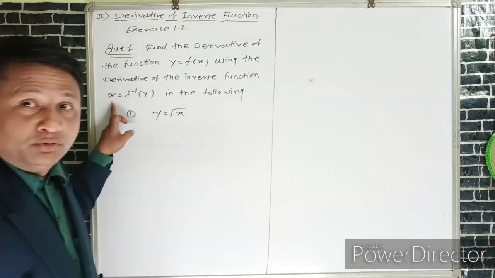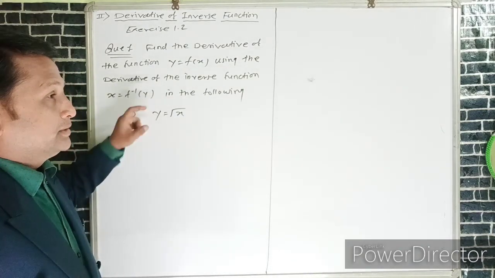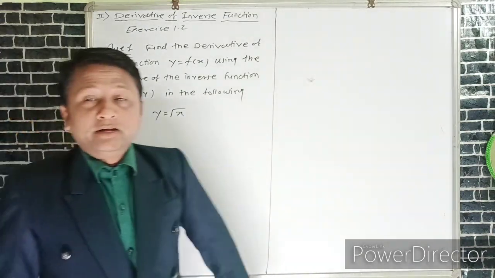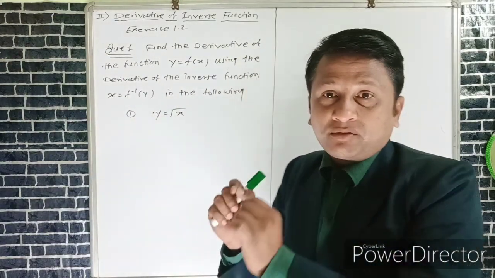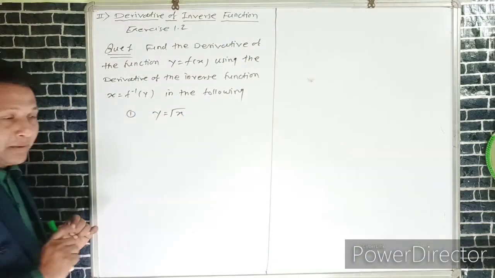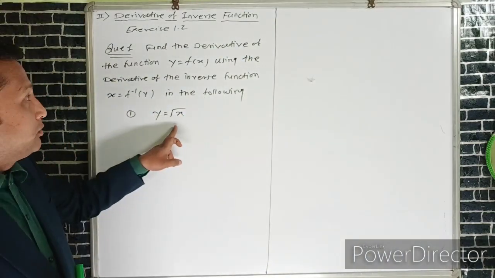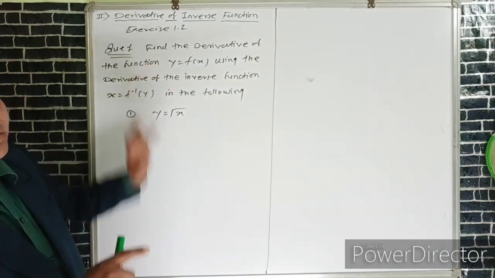x is equal to f inverse of y. It means that we have to find the derivative in terms of x in terms of y. If the given function is y is equal to f of x, then we first have to convert it into the inverse function.